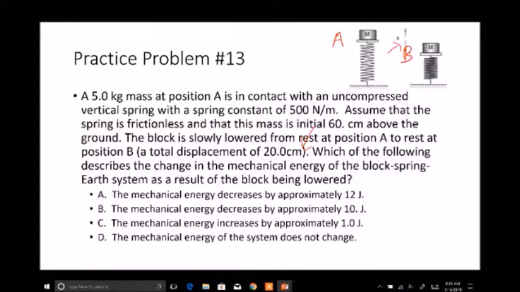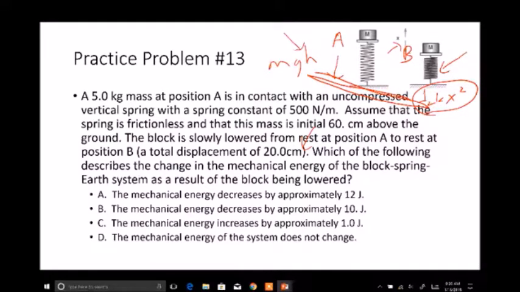We know as the block goes down, the amount of gravitational potential energy goes down. But as the block goes down, the amount of elastic potential energy goes up. And it turns out the negative change in gravitational potential energy is the same as the positive change in the elastic potential energy.